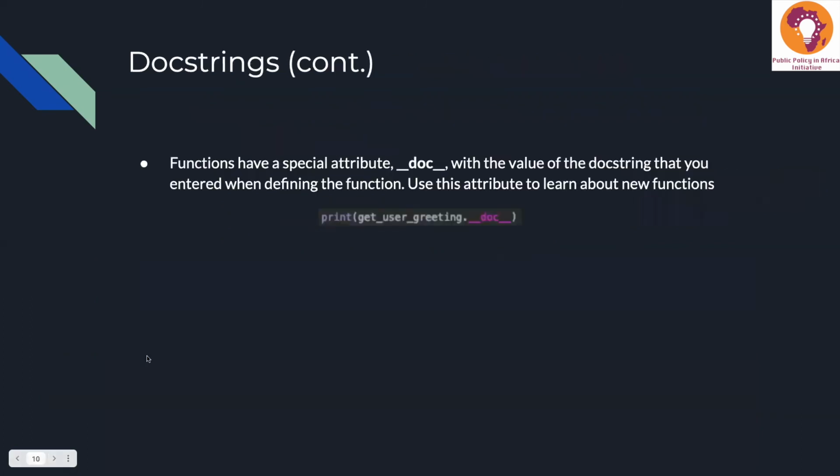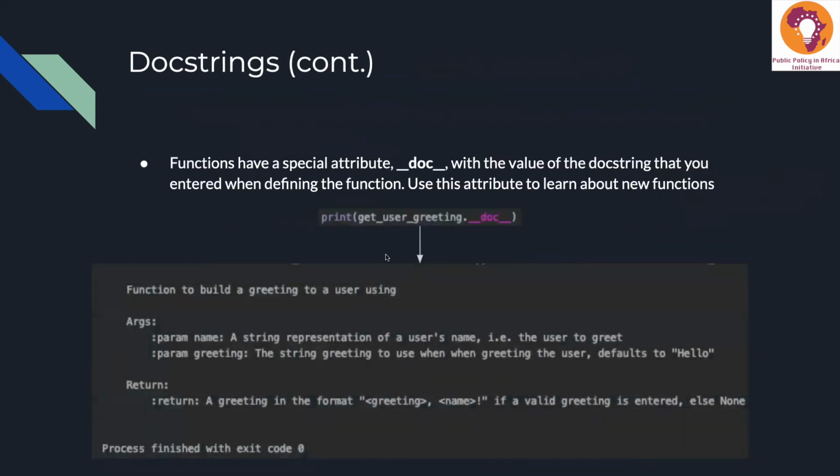So then anyone can read about my function using this get_user_greeting.__doc__. This is an excellent way to learn about new code. Whenever you're trying to learn about new functions or a new package, we'll talk about packages in a future lecture, and you're not sure how to use a function, don't hesitate to do the .__doc__ and then read the doc string that whoever created that function entered.